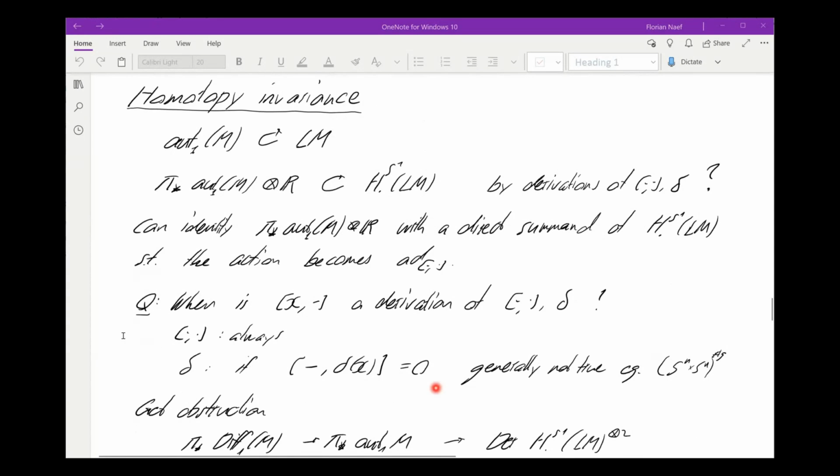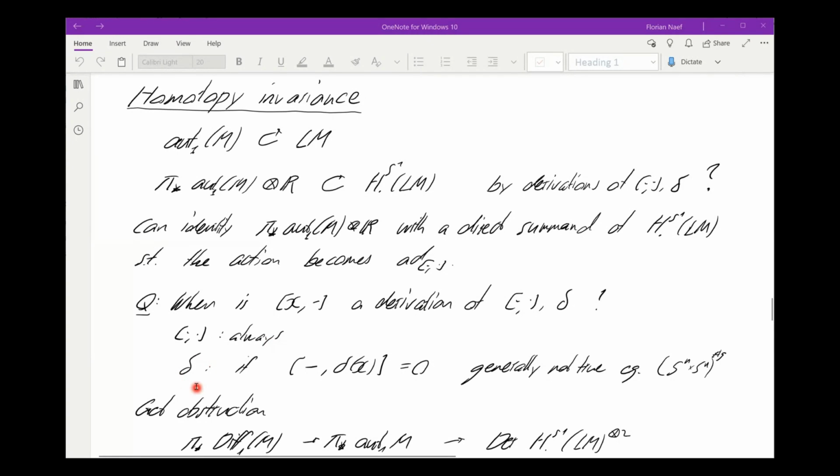So our question about homotopy invariance just becomes the following: you take an element in this Lie algebra, or actually in this direct summand that corresponds to automorphisms, and the question is when this gives you a derivation of the bracket and cobracket. And for the bracket, it's always the case. It's just the Jacobi identity.